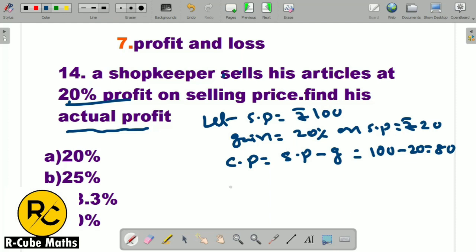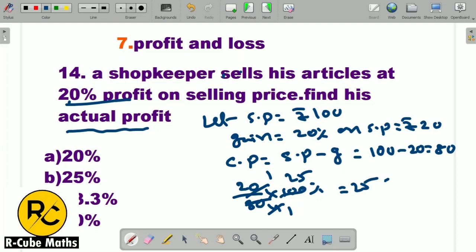Selling price is 100. So gain is 20 rupees. So 20 rupees on selling price is 20%. Now the actual profit is 20 on CP into 100%. So 20 ones, 4 times, 4 ones, 4 25s.